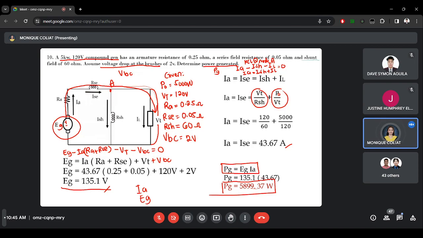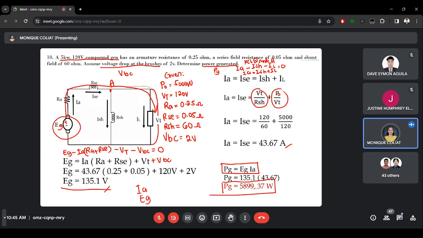So, always remember, divided by maximum demand. So, do you have any question? Wala namang problema dito sa pagkuha ng equation.